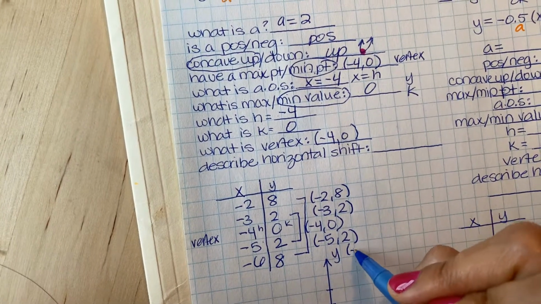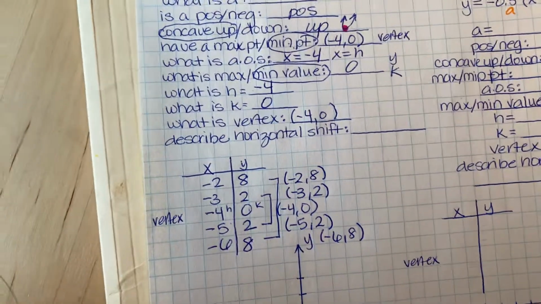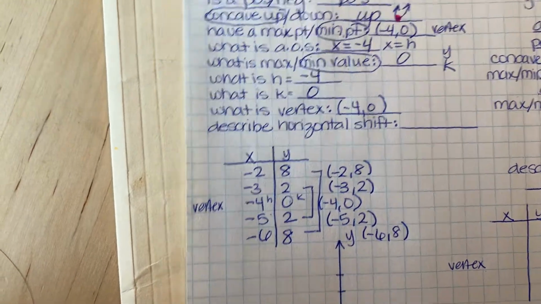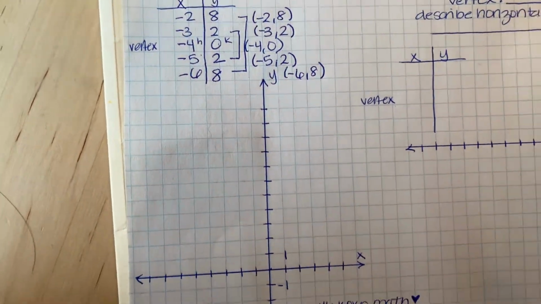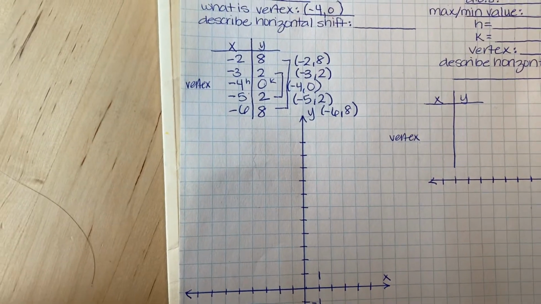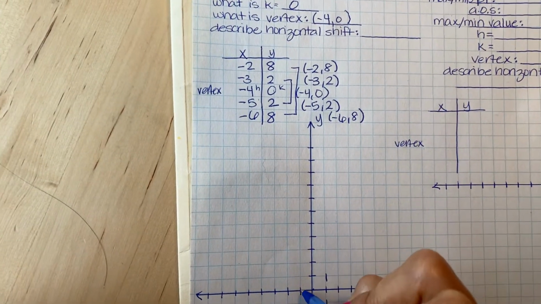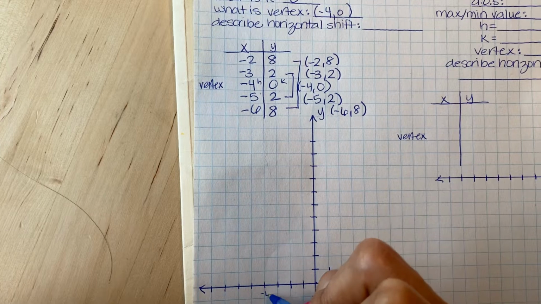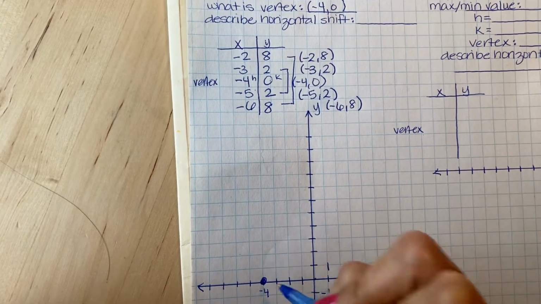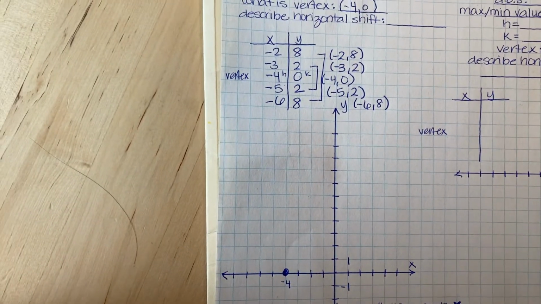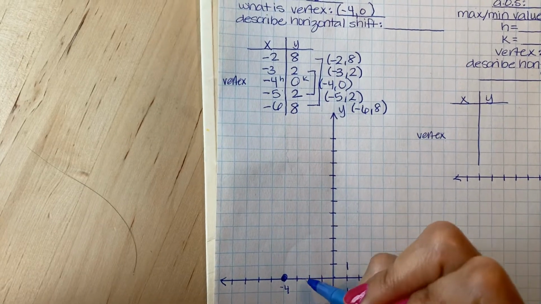Negative 6, 8. And so these are the points I'm going to plot, correct? Okay, so here we go. Negative 4, 0 is here. Negative 3, 2.